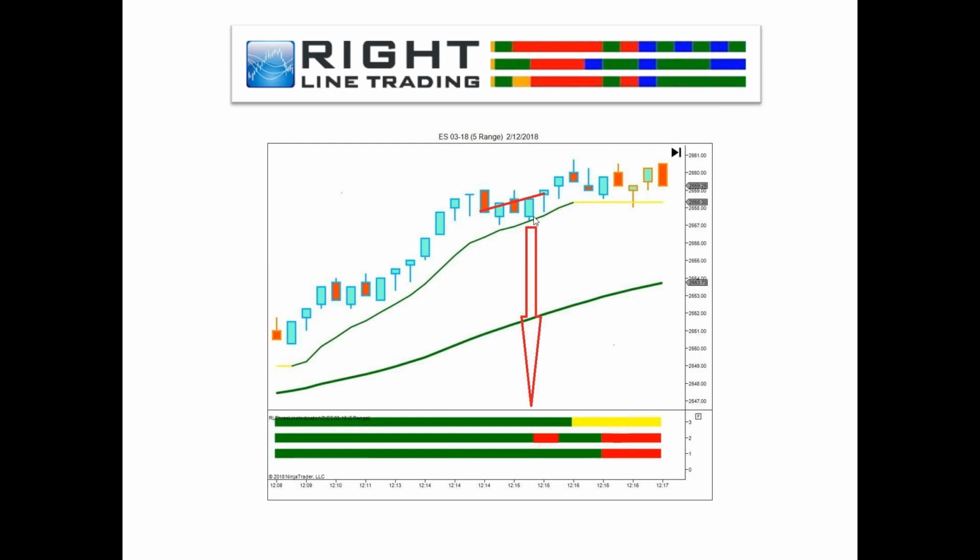Here's an example. You see the middle line here, which is the oscillator line. The market's in a strong uptrend, and all of a sudden that middle line goes red. So you have to decide whether you think that divergent signal is going to trigger a reversal in price.